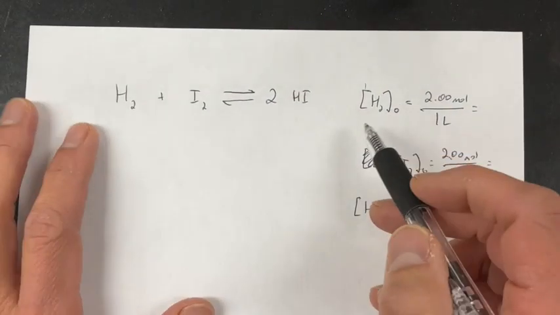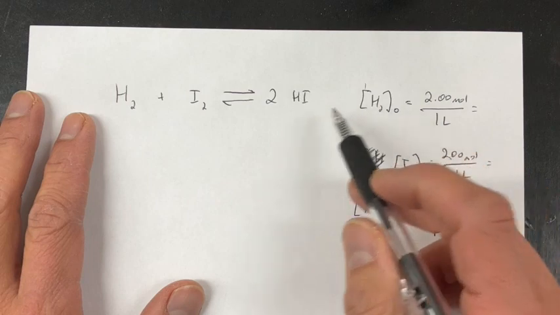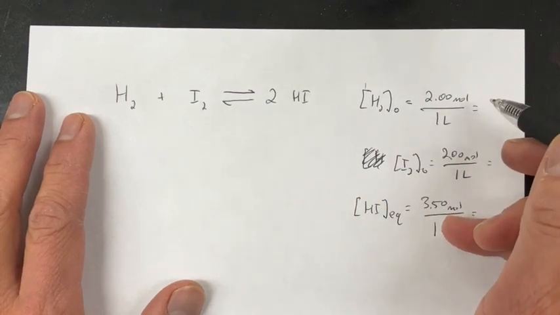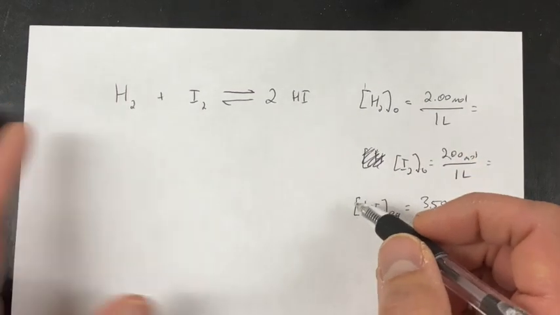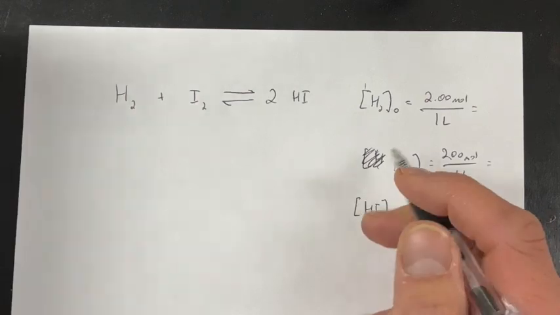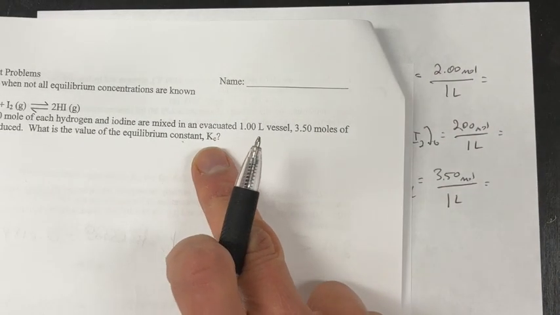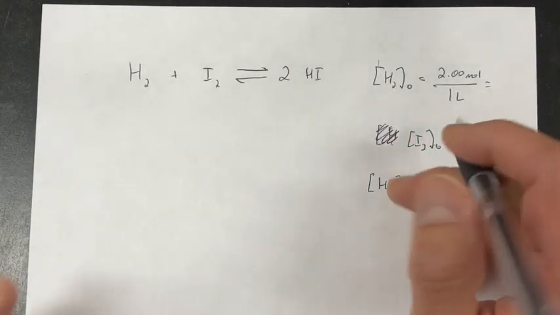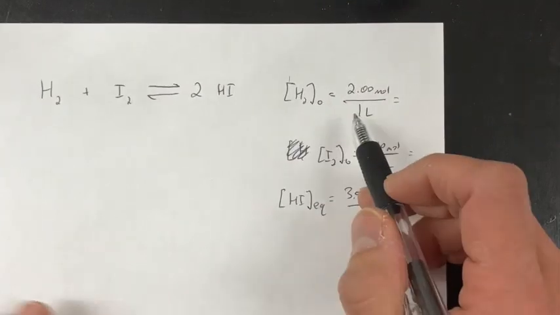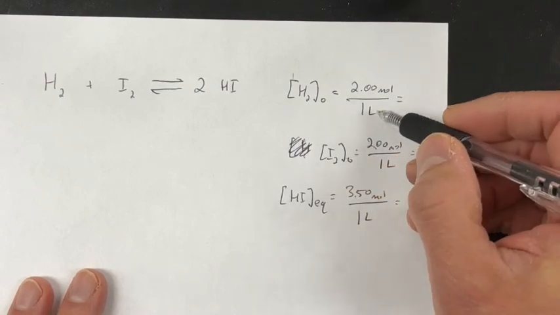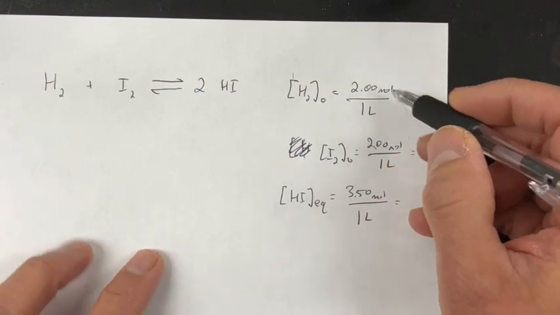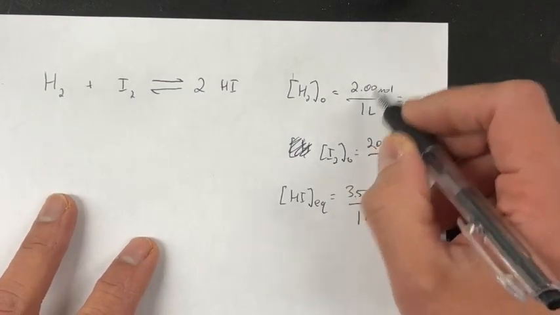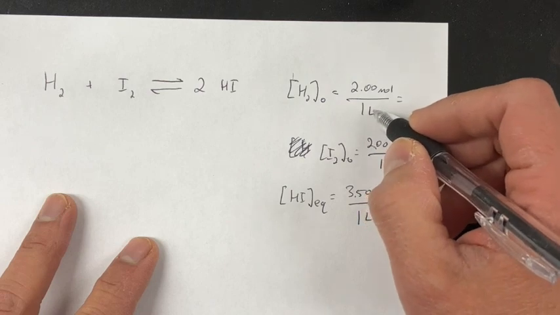And the first step in any of this is you have to have concentrations of things, because the question asks for a Kc, which is the concentration equilibrium constant, and that involves molarities. So I have set up here, even though it's a 1 liter container, I still want to show that because it's not automatically going to be a 1 liter container. We divide it by 1.